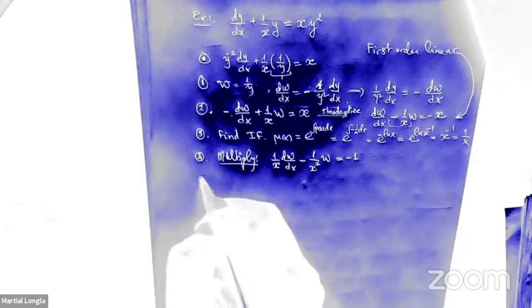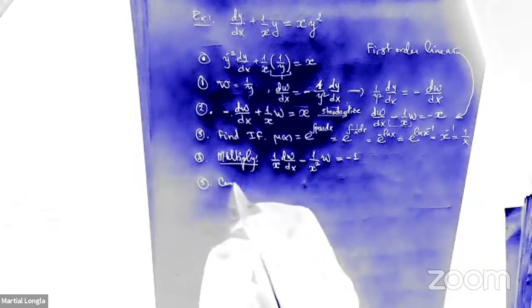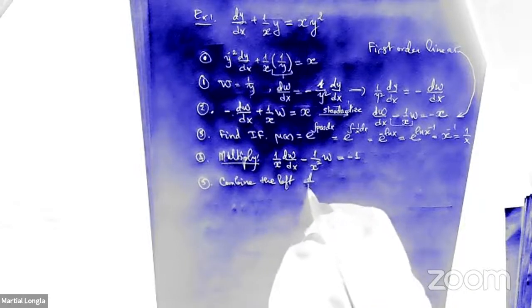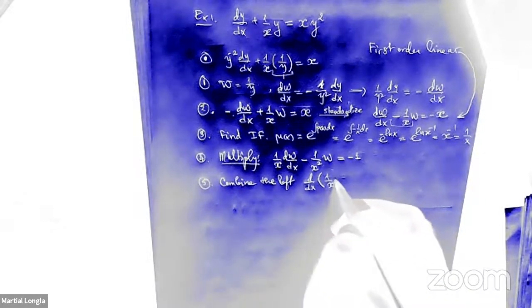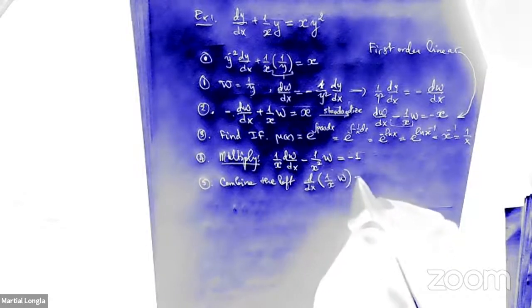And again, as in the previous one, we combine terms on the left. That's always going to be d over dx of the integrating factor, 1 over x, times the function w, equals negative 1.